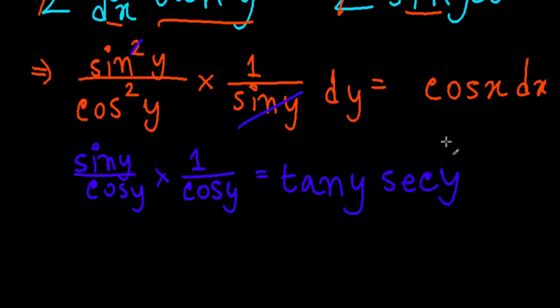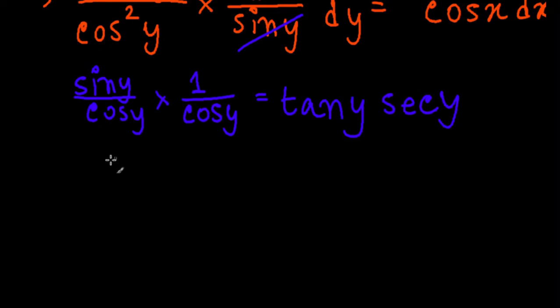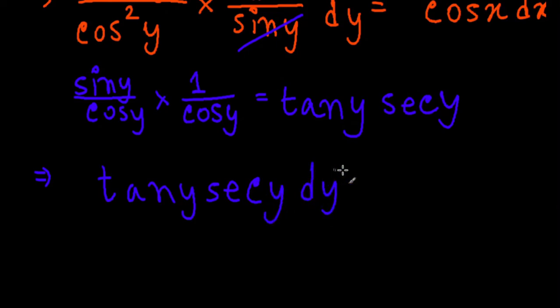Now we can just plug that right in here. Our equation is tangent of y secant of y dy, equal to cosine of x dx. I think you see why I did that simplification. Now it should be pretty simple.